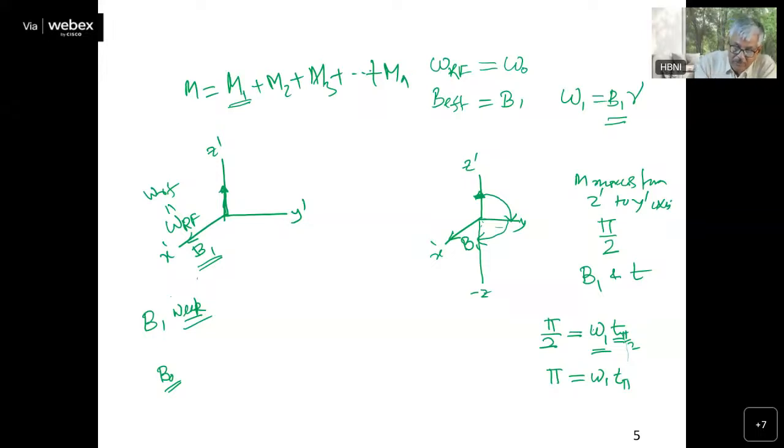Or you can keep the B0 constant and keep on changing the radio frequency, so that all the nuclei will come under resonance one by one, and that is the way continuous NMR is done. But let us see what is pulse NMR.